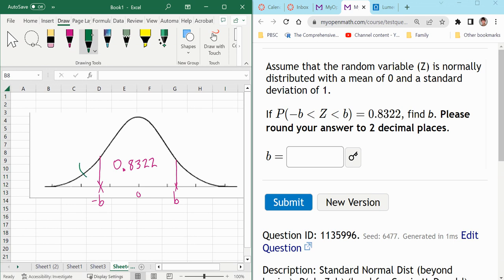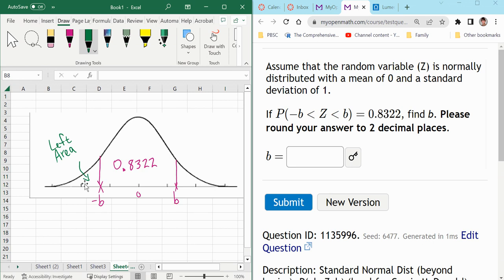With Excel, the left area is definitely needed in order to use norm.inverse. And if we can figure out what this is, we can use norm.inverse in Excel to find the negative b, and then we'll automatically know what the positive b is because it'll be the same just without the negative.